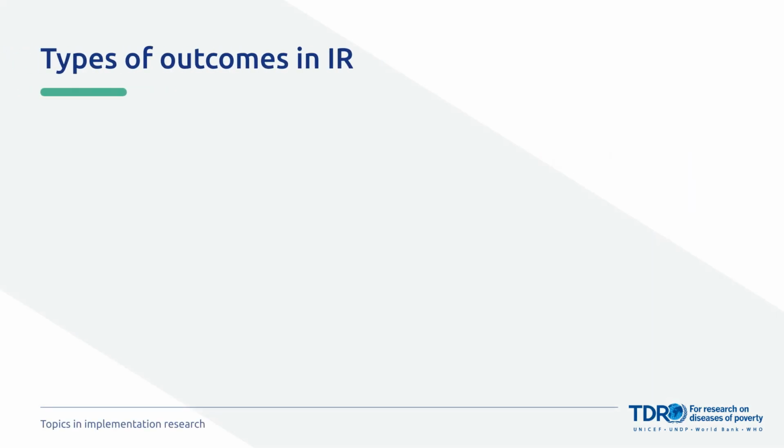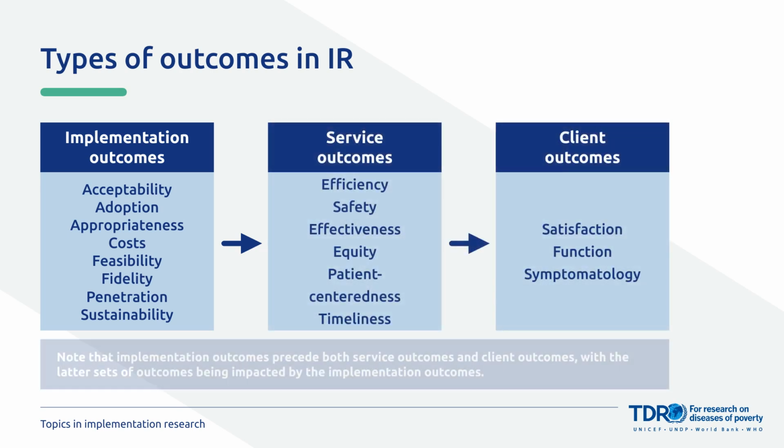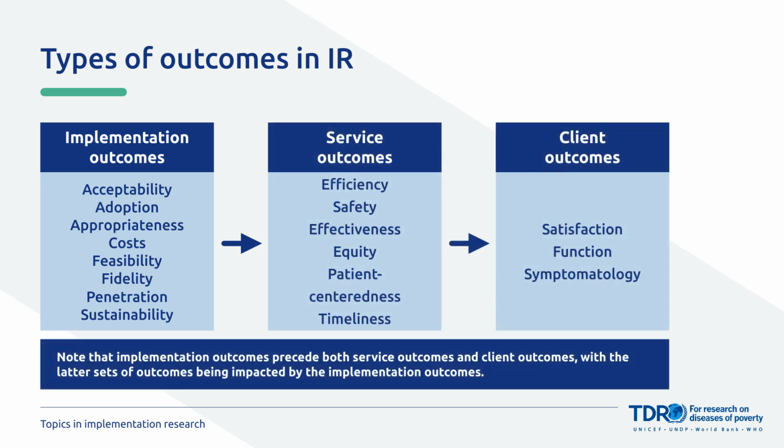Proctor et al. have developed a useful framework to help explain implementation outcomes. The framework distinguishes between three distinct but interrelated types of outcomes: implementation, service, and client outcomes. We've already gone through implementation outcomes. Let's look at service and client outcomes.